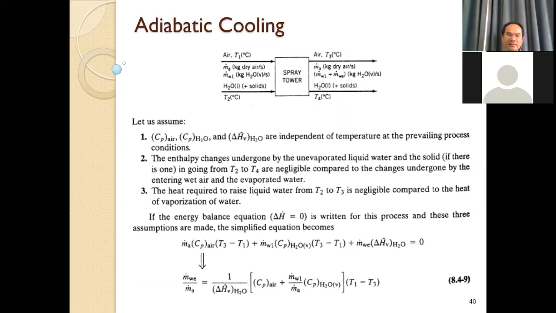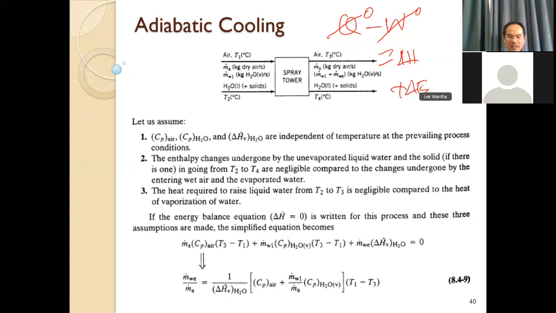Okay, for the energy balance equation for an adiabatic system, Q equals 0 and W equals 0, so 0 equals delta H plus delta E_K plus delta E_P. For this case, if there is no E_K and E_P, you get delta H equal to 0.